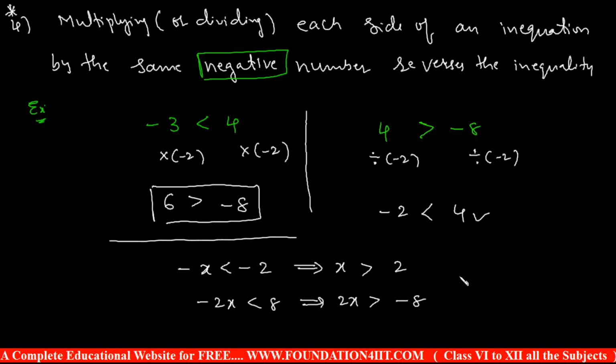So whenever you multiply both sides by a negative number, we should interchange the sign. This is the important rule: multiplying or dividing each side of the inequation by the same negative number, we should reverse the inequality.